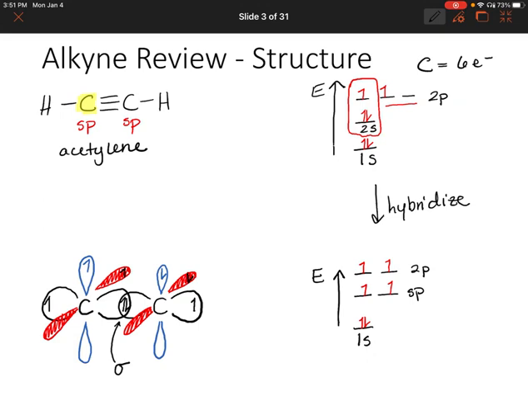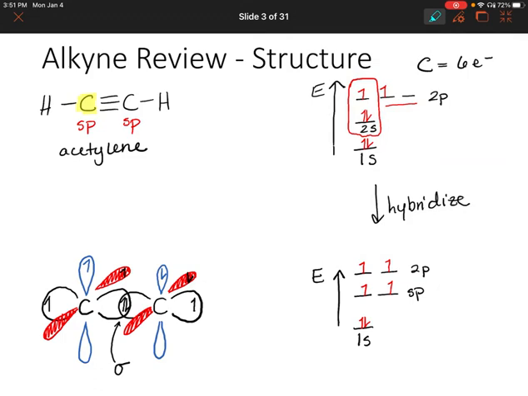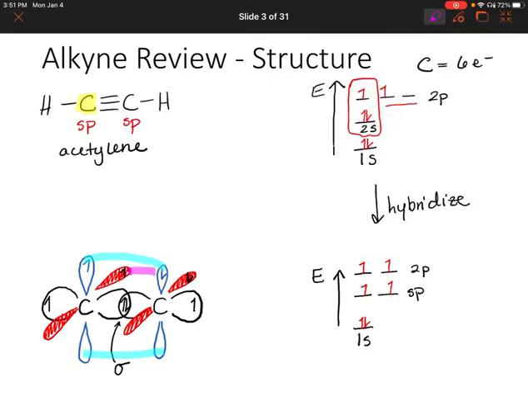So now we can actually start pairing up those p orbitals, and they're going to make pi bonds. So we kind of get this spread of electron density across the top, the bottom, and then the back and the front.